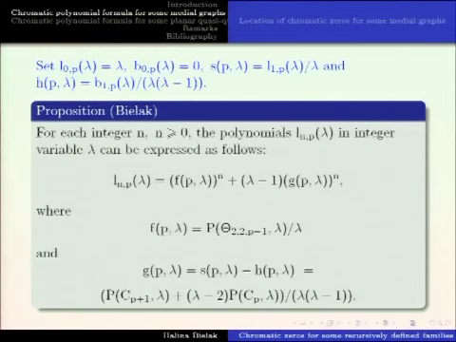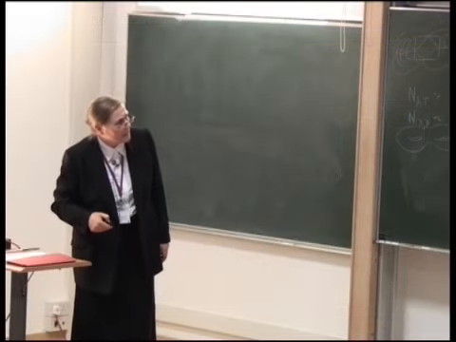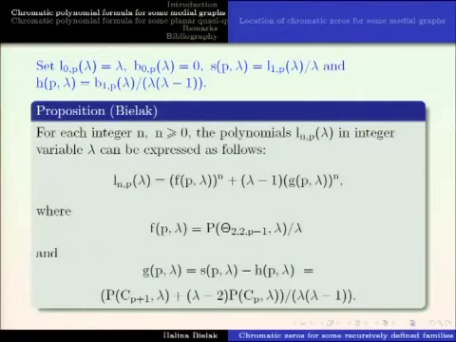Here we have a function f being simply the chromatic polynomial of this theta graph over lambda. This is the theta graph which replaces each edge of this cycle. And the second function, g sub p of lambda, can be considered as some combination of chromatic polynomials of these two cycles over lambda times lambda minus 1.